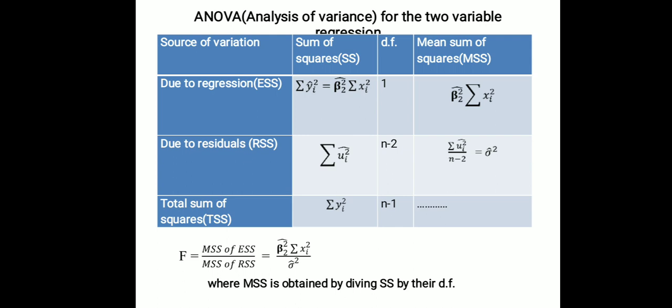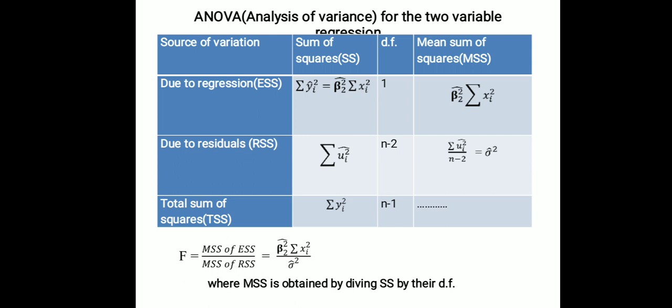Similarly, due to the residual, the sum of squares is the sum of ui cap squared, the degrees of freedom is n minus 2, and the sum of ui cap squared divided by n minus 2 equals sigma cap squared. This is the mean sum of squares, and then the total sum of squares.